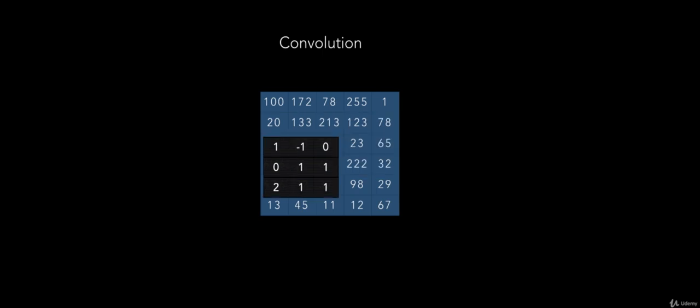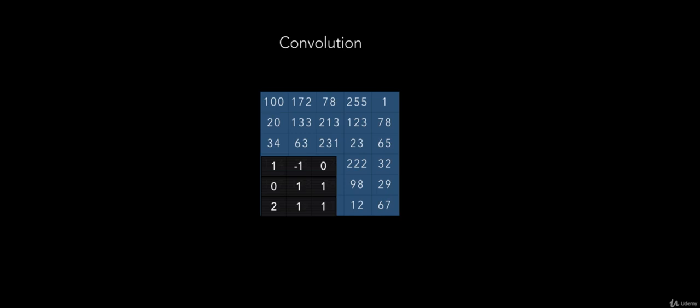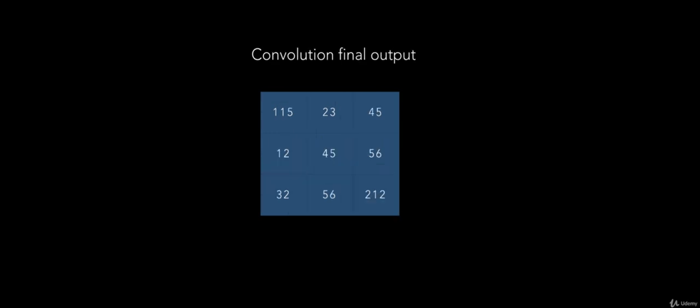Then we slide down by one row, slide to the right, slide down again, and slide to the right. So we finish that operation by sliding the kernel over the original matrix from left to right and then from top to bottom.